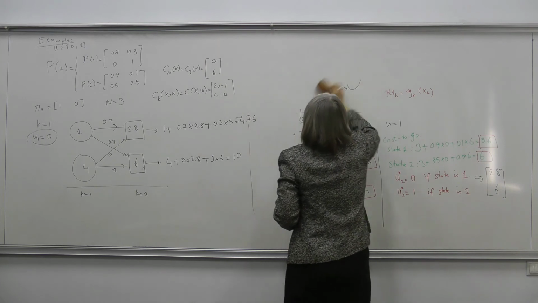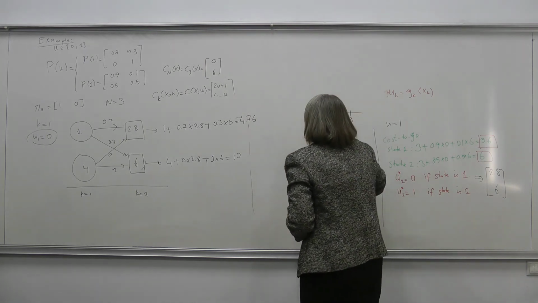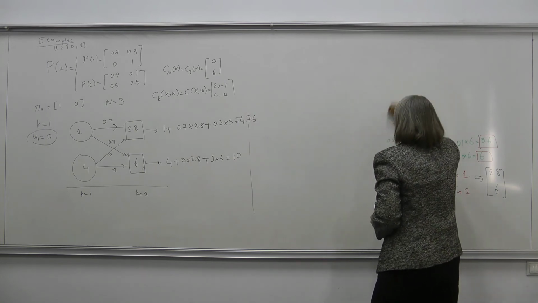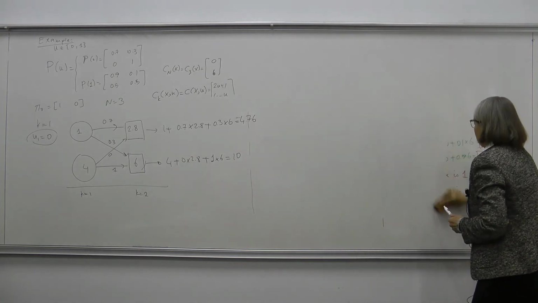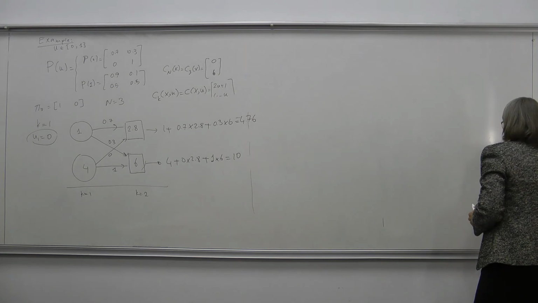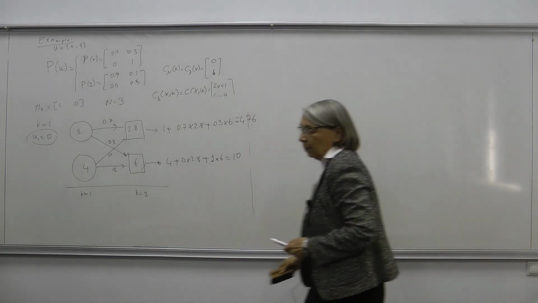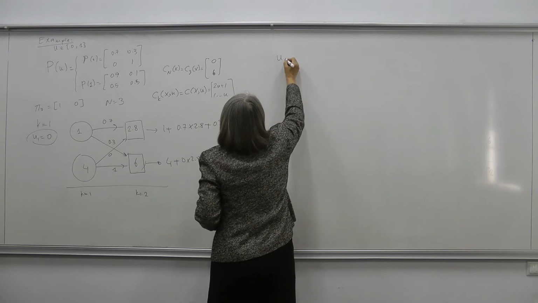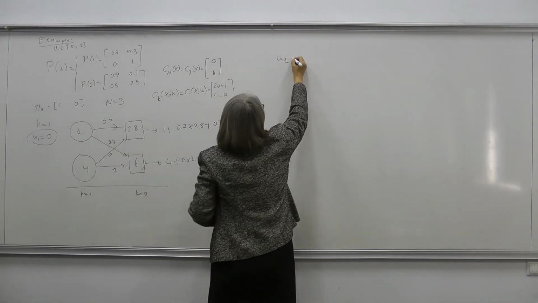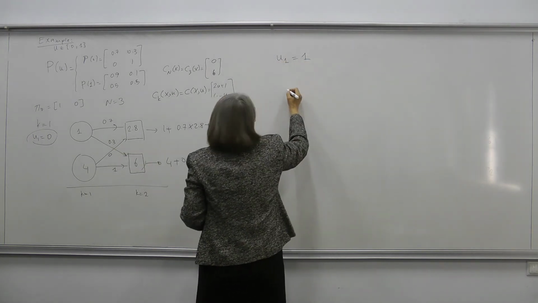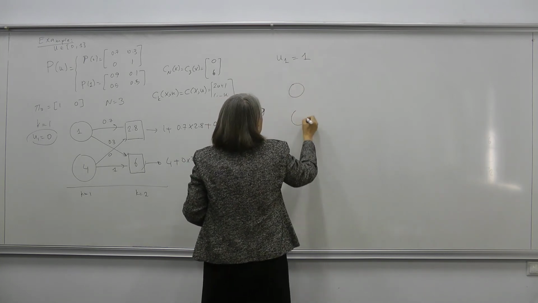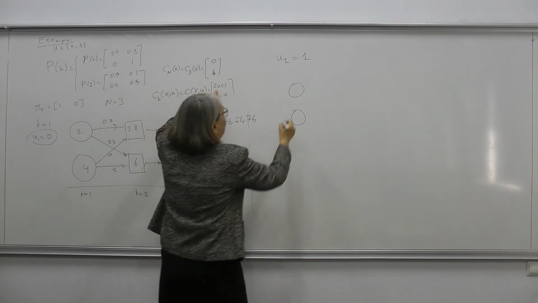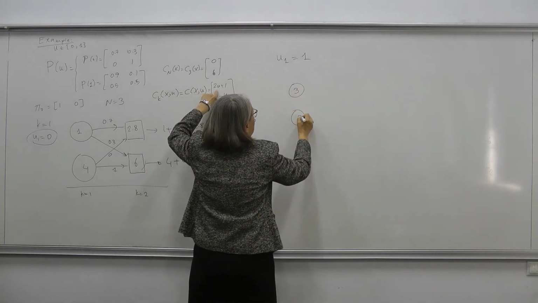The second diagram is for input which is equal to 1. So if U1 at time 1 is equal to 1, then the incremental costs, when u is equal to 1, will be 3 and 3.